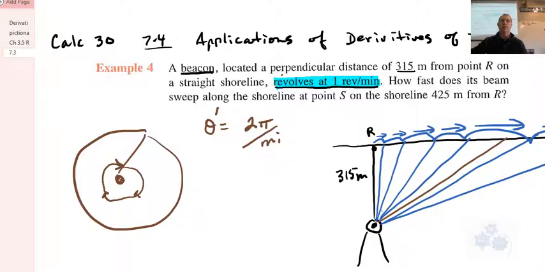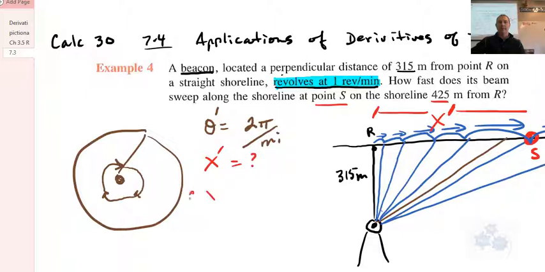That's interesting, but what we're talking about is the rate of change of this distance right here. Let's say this length is x. At the point S, let's say this is S right here, that is 425 meters from R, so x equals 425.